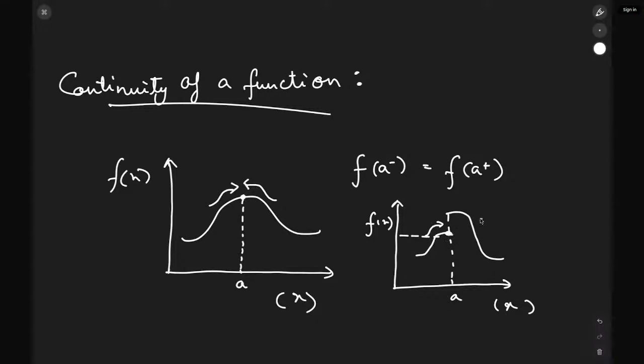And when you are approaching from the right hand side, you reach this point. So the left hand limit is unequal to the right hand limit. This means that your f(A negative) is unequal to your f(A positive). So this is the basic idea of the continuity of a function.